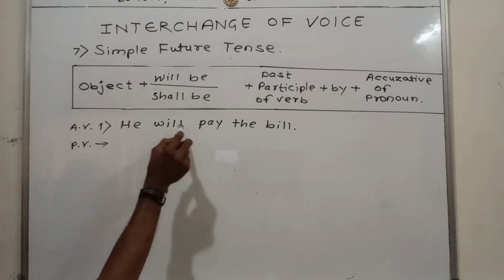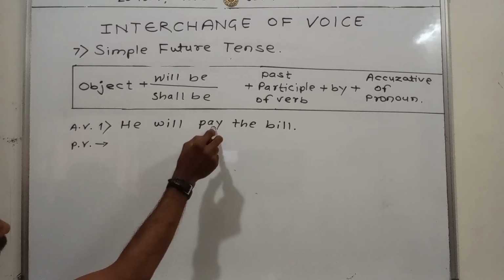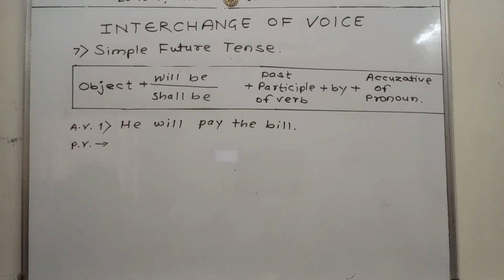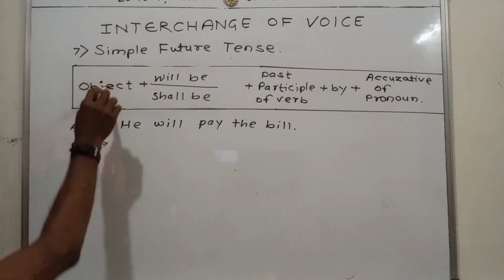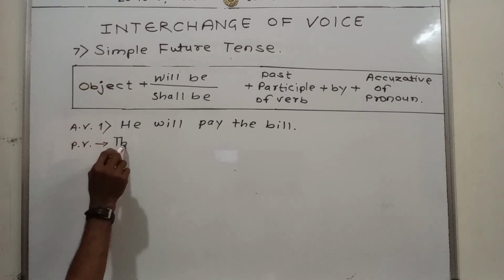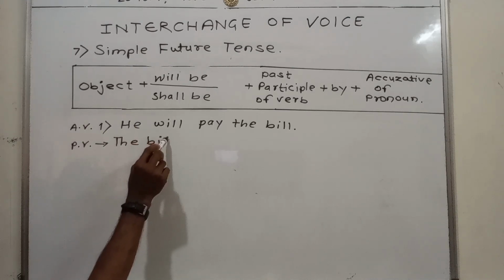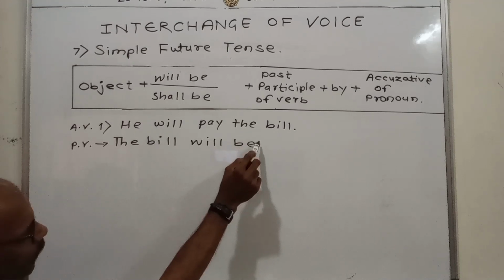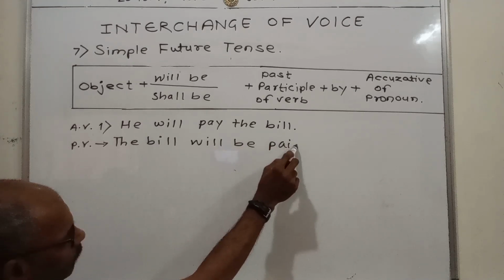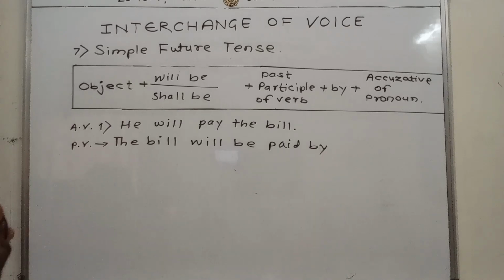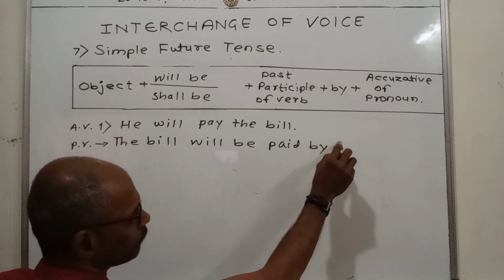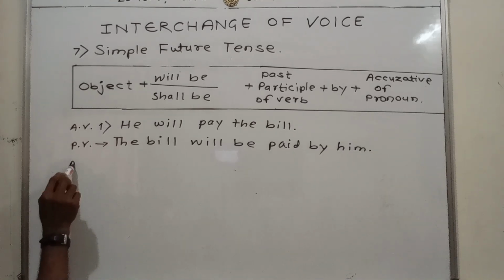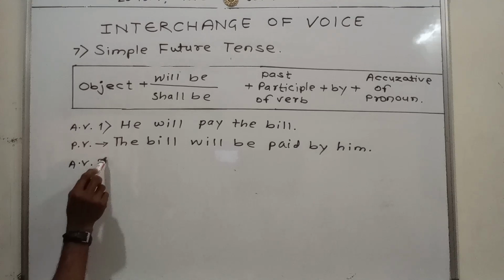He is the subject, will is the auxiliary verb, pay is the main verb, and the bill is our object. We take the object first: The bill will be paid by him. Did you get it?